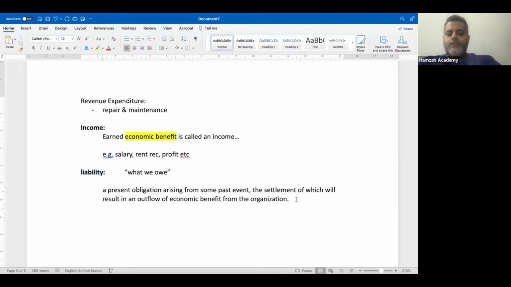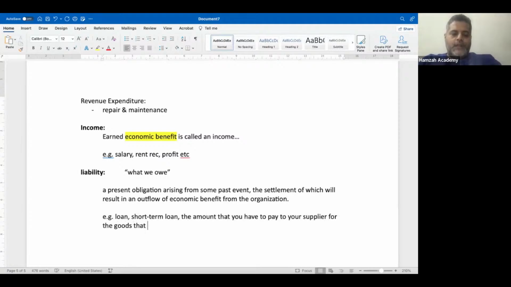So it's a present obligation that we have. For example, it can be a loan, it can be a short-term loan, and it can be the amount that you have to pay to your supplier for the goods that you bought from him.